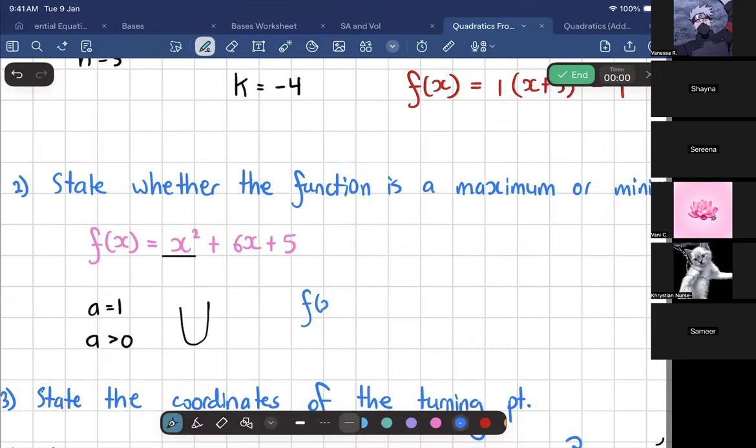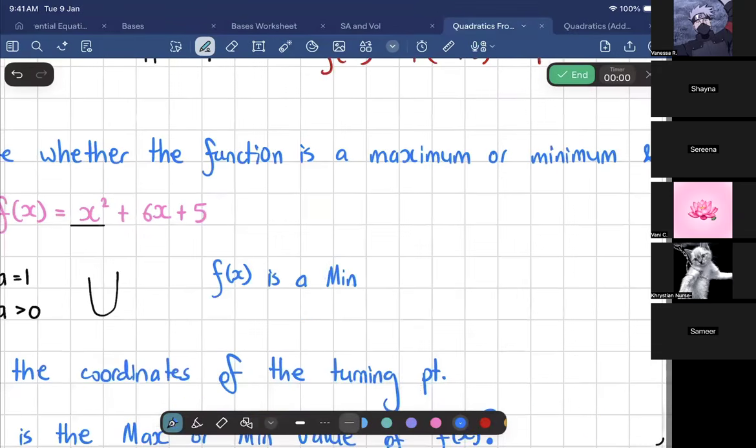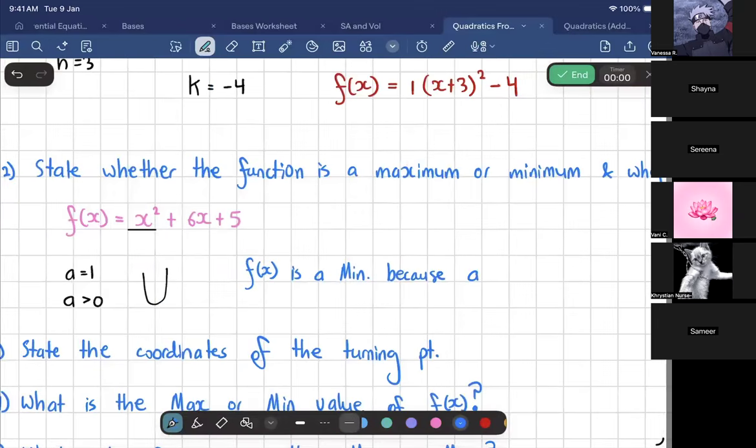So you would say f of x is a minimum because a is more than 0. Understand? Yes, sir. You sure you understand that? Yes, I understand.